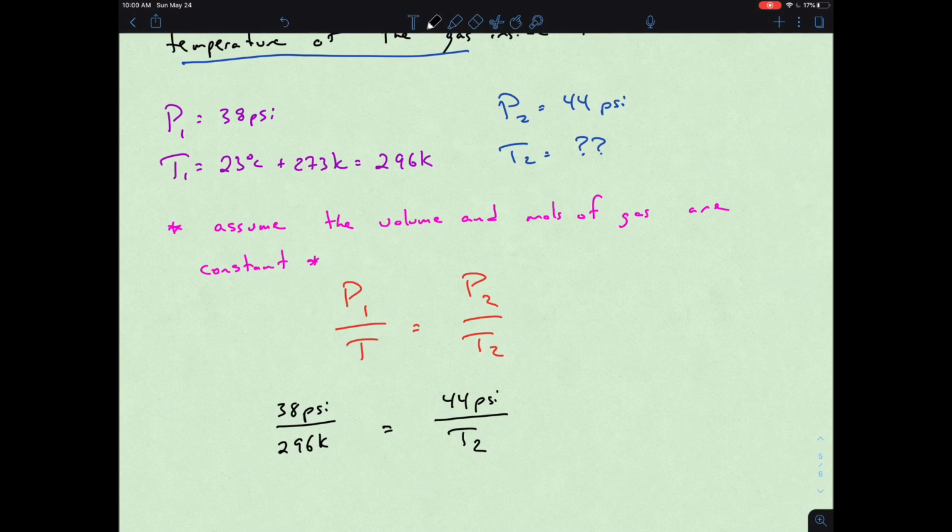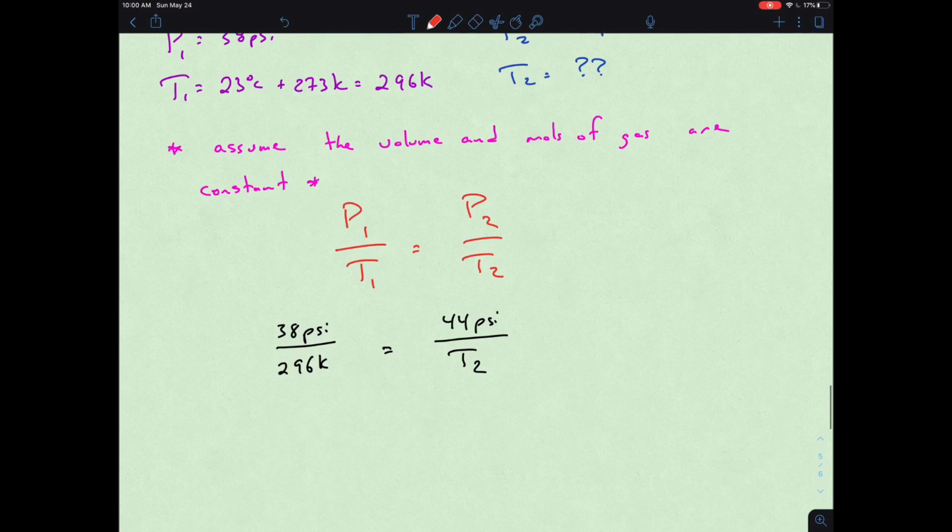However, Kelvin is very, very important, right? Because Kelvin does not have negative values in its temperature scale. If one of these temperatures was negative, maybe in Celsius or Fahrenheit, that would imply a negative pressure, or going back to Charles' law, a negative volume. Those don't exist, so we must make sure that we're in Kelvin. That's crucial to our conversion.